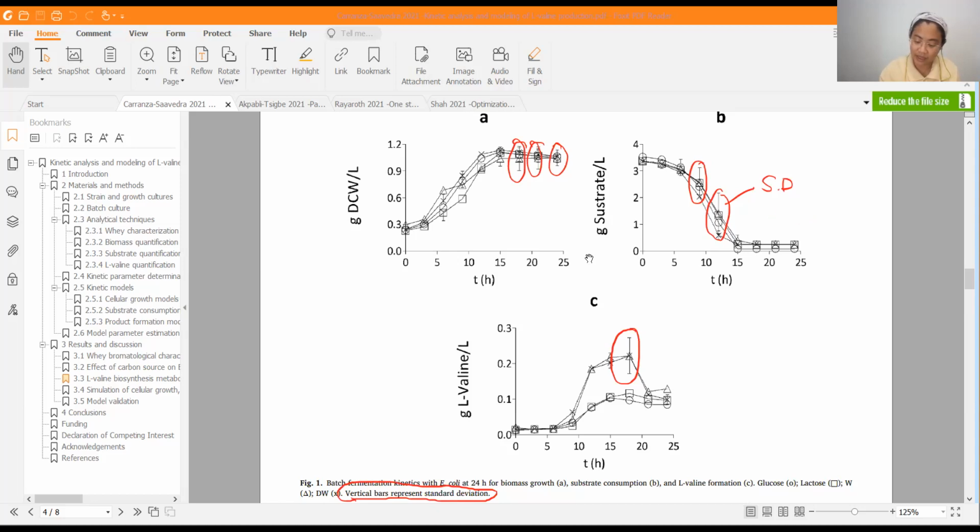So in this study, they use standard deviation. So at least you know that up to this point, the stats involved are the calculation of R square and the calculation of mean square errors. And basically this is for modeling.